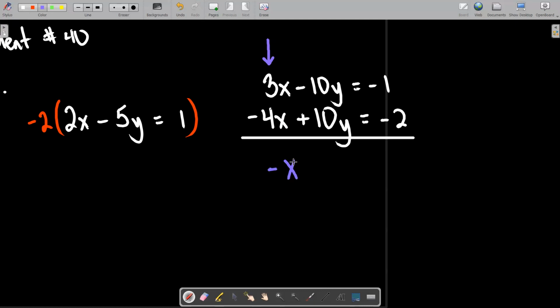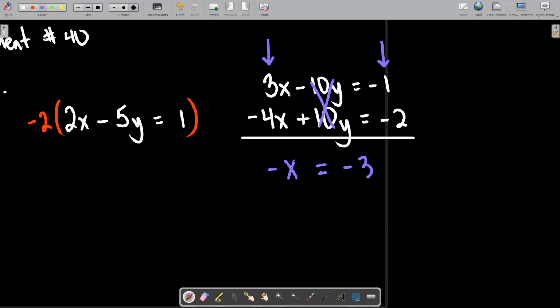You can put -1x if that's your thing. When I add straight down the y's, what do I get? They cancel. Remember, please do not put 0. There will come a point next week when I'll want you to put zeros, and I'll tell you why, but this is not that time. We've already got something on the left side of the equal sign, so I don't need to put a 0 there. And then when I add straight down the constants, what do I get?